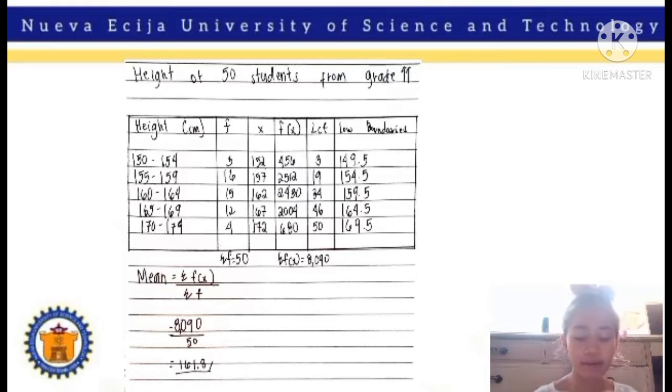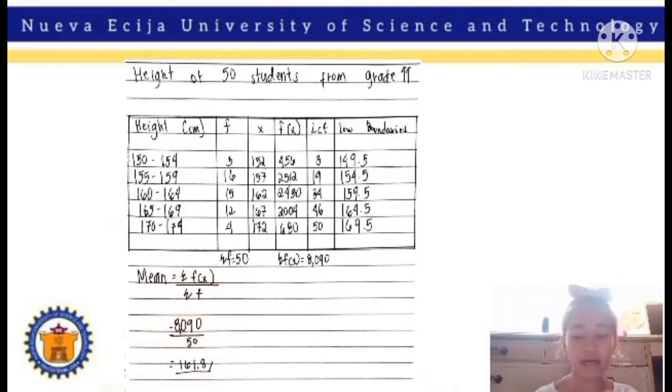That is our total frequency. 456 plus 2,512 plus 2,430 plus 2,004 plus 688 equals 8,090, and that is our total of frequency times class mark.